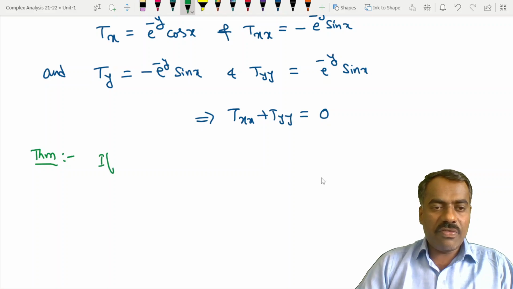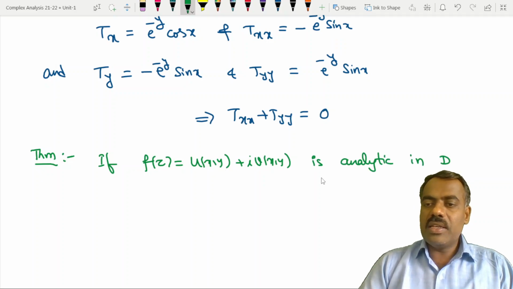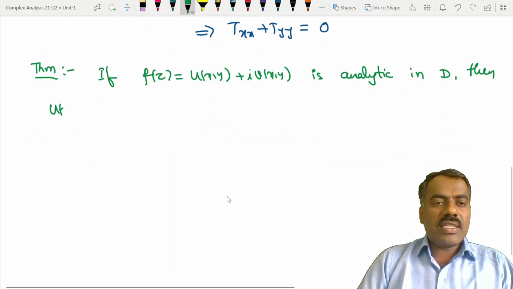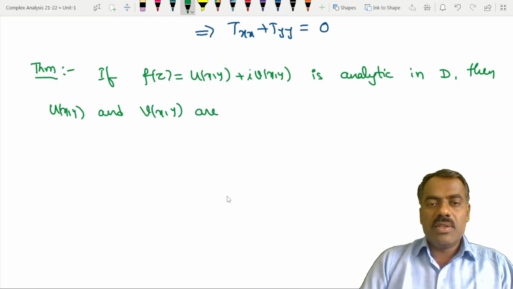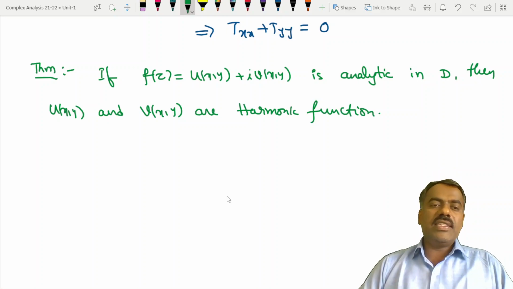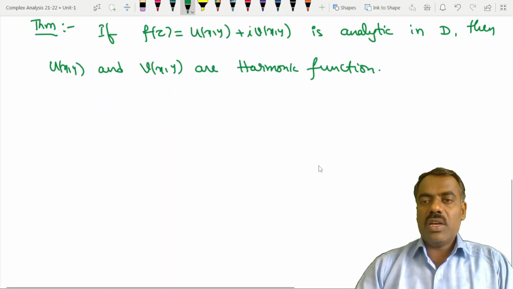That means if f of z, which is equal to u of x comma y plus i v of x comma y, is analytic, say in a domain D, then u of x comma y and v of x comma y are harmonic. So whenever we know an analytic function, its real and imaginary parts are harmonic functions.